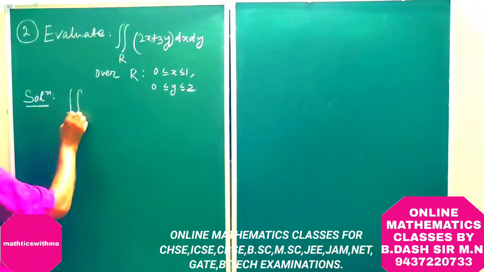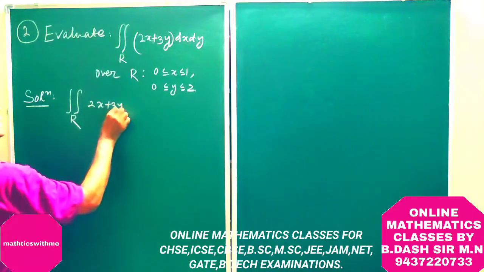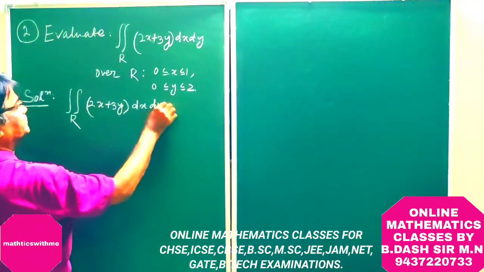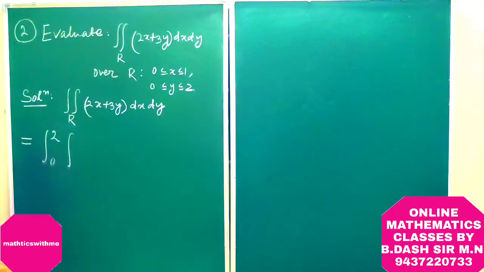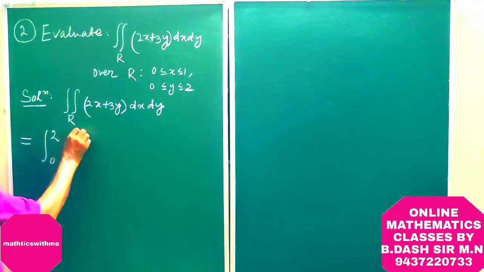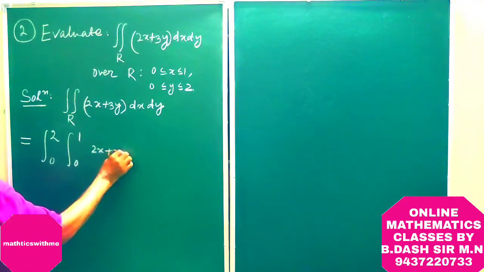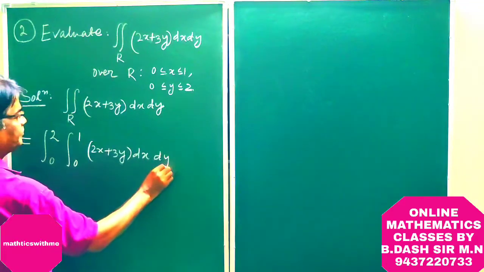Double integration over R of 2x plus 3y dx dy. This is equal to integration from 0 to 2, integration from 0 to 1, of 2x plus 3y dx dy.